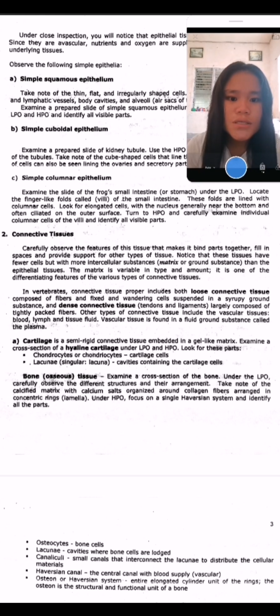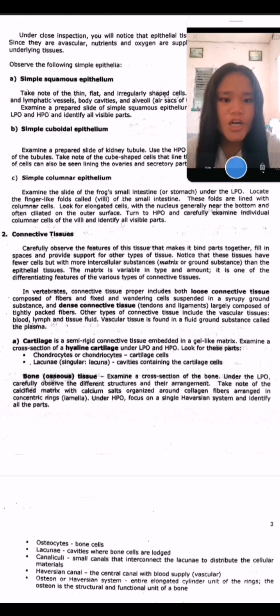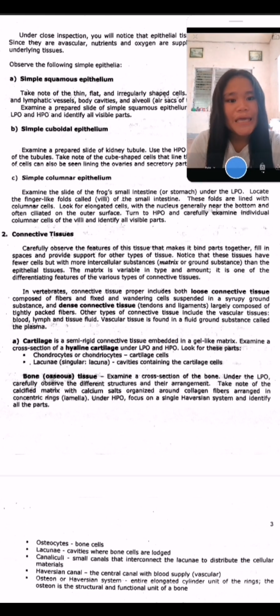Examine a cross-section of hyaline cartilage under LPO and HPO. LPO is low power objective and HPO is high power objective.